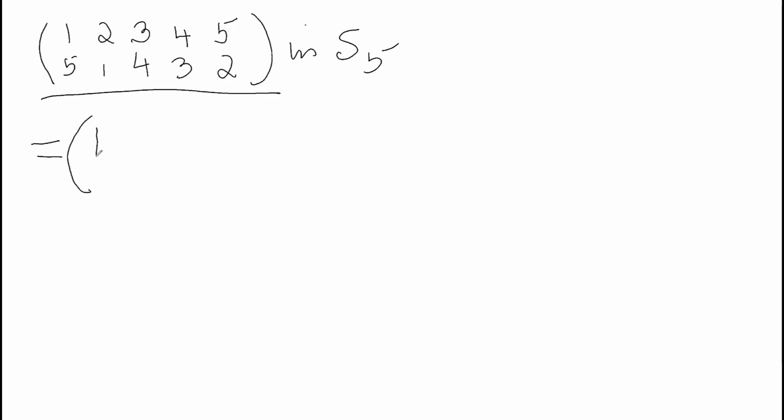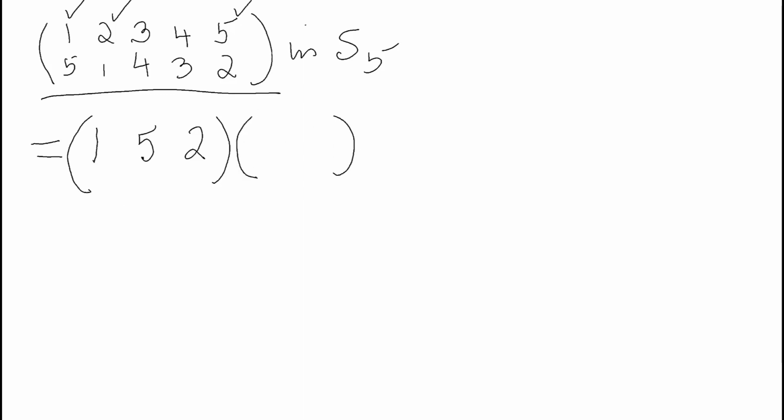We start with a 1, and then 1 goes to where? 5. So we'll write 5 the way we wrote before. And then 5 goes to 2, and 2 comes back to 1. So this part is complete, and this describes this portion for us.